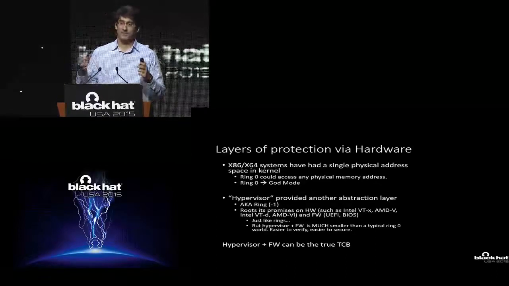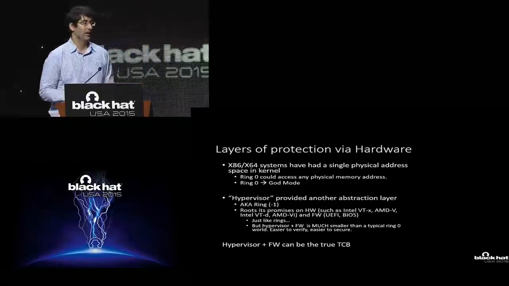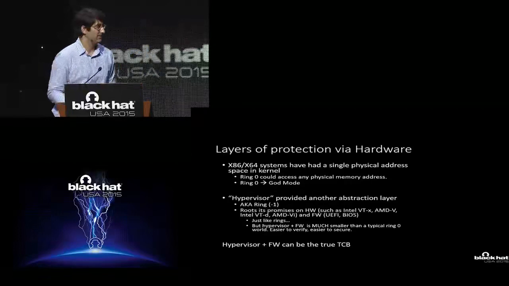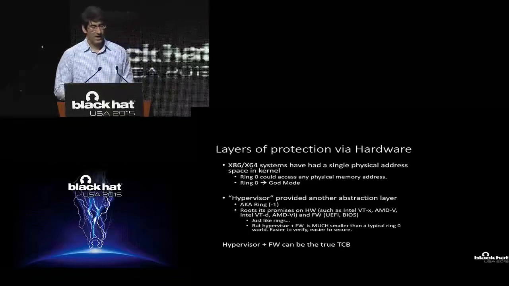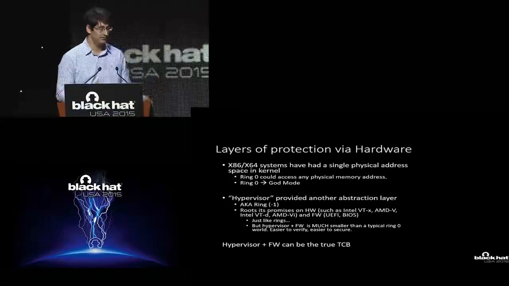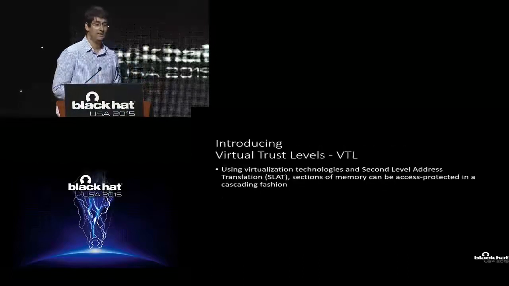The problem is, if we implement all that code in the hypervisor, we are back to square one. The hypervisor gets more complex, it is more difficult to secure, and it becomes a jungle, so we don't want that. How can we use hypervisor technology but not pollute the hypervisor? Let me introduce virtual trust levels.